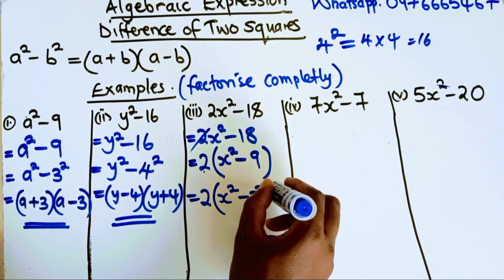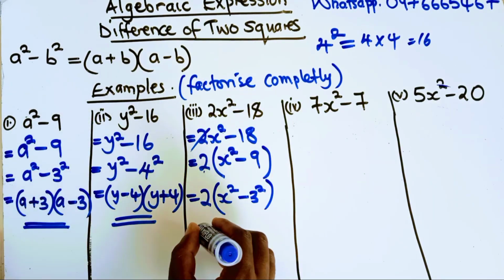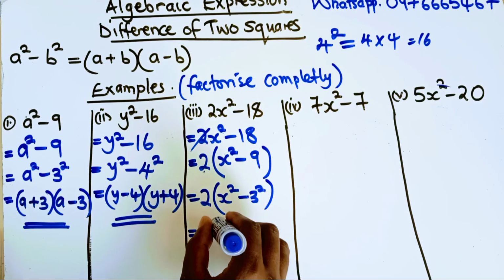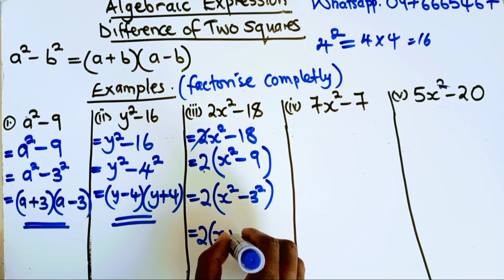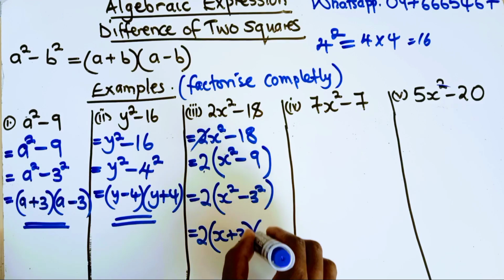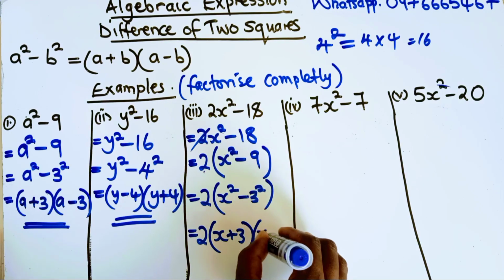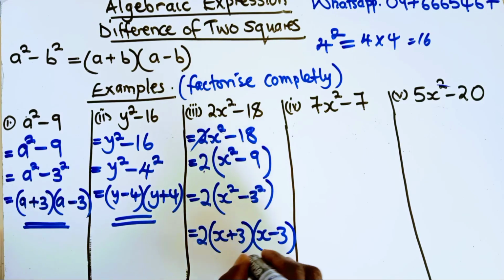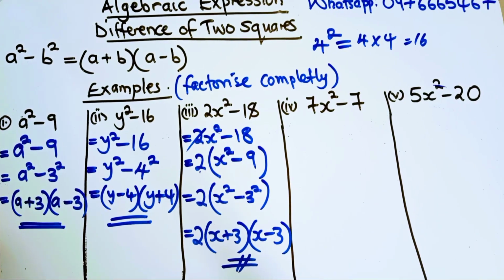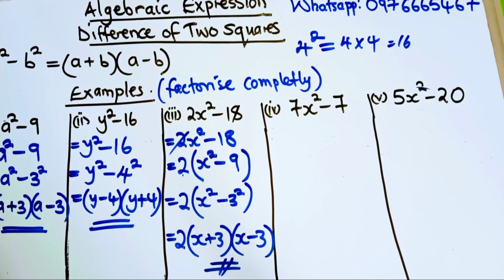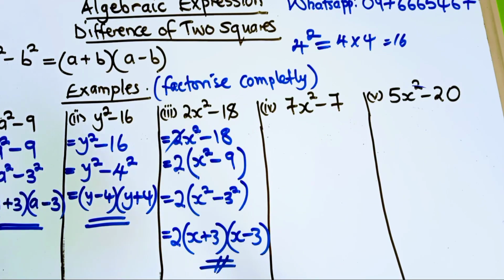Say 3 squared. And then from there, you say 2 in brackets, (x plus 3), close, open another bracket where you say (x minus 3). Like that. I hope we are following and it's making sense.